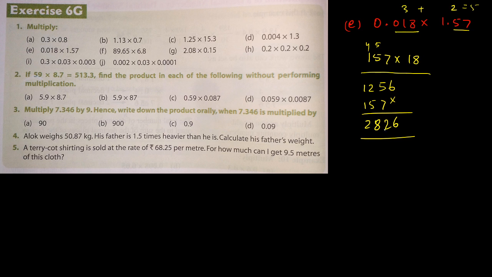So you have to put the decimal after 5 digits. Now 1, 2, 3, 4. You will say there are only 4 digits, so how can I place the decimal after 5 digits? So add a 0 here on your own and then put a decimal here and 0. So your answer is 0.02826. It is the final answer.